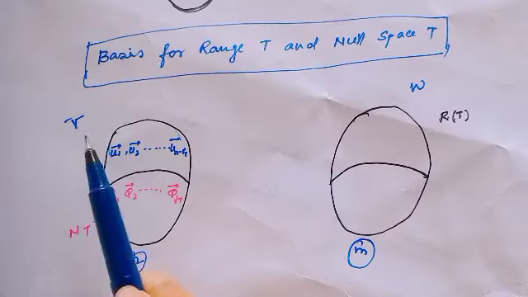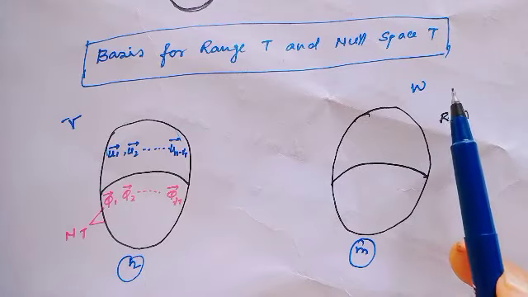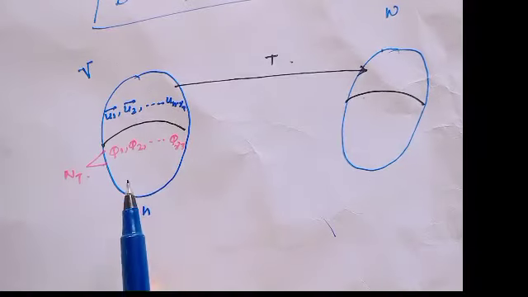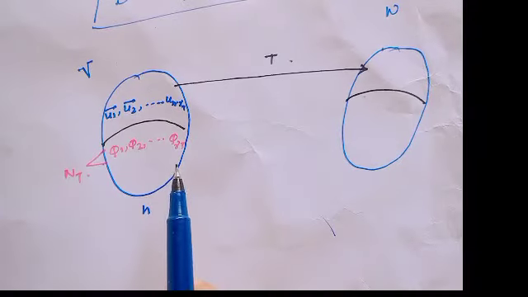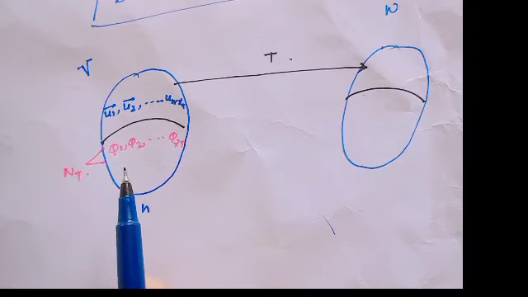Consider this is the vector space V with dimension n and this is the vector space W with dimension m. Consider phi1, phi2 up to phi t be the basis of null space of the linear transformation.